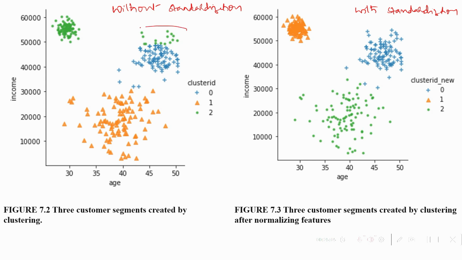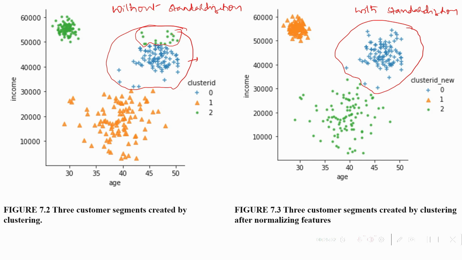This is one drawback here. These elements are very close to this cluster, but we have marked them as another cluster. That is the drawback, because we did not apply the standard scaler. Whereas here, where we applied the standard scaler, all the elements in this group are a single cluster.